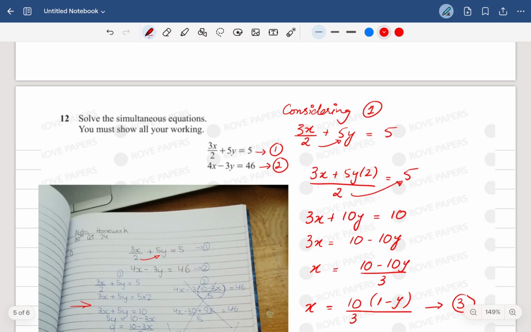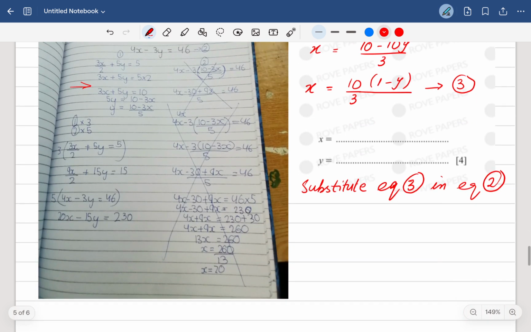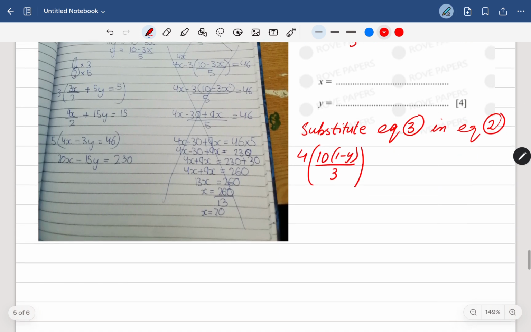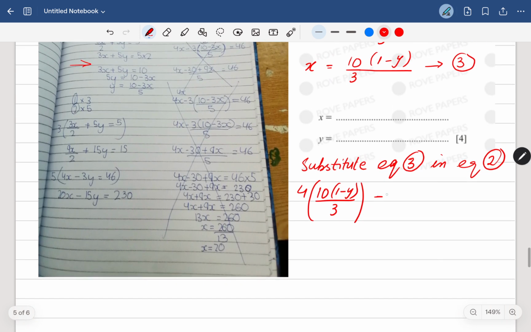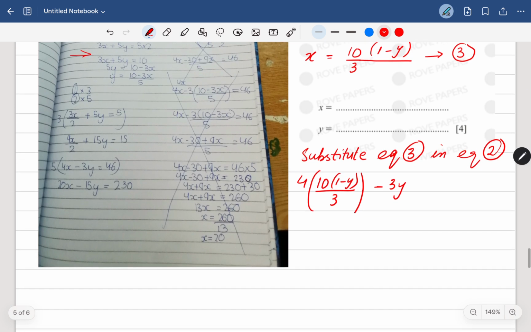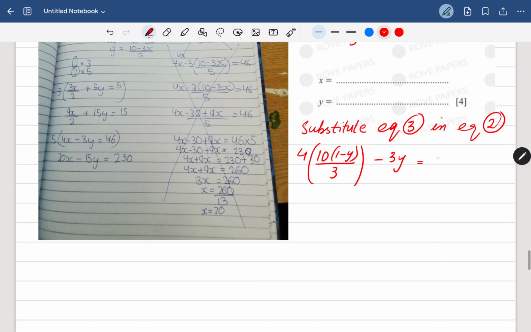So it's 4x minus 3y equals 46. I will write it as 4, and in place of x I will write this expression, which is 10 common 1 minus y divided by 3, and then minus 3y and equals 46.